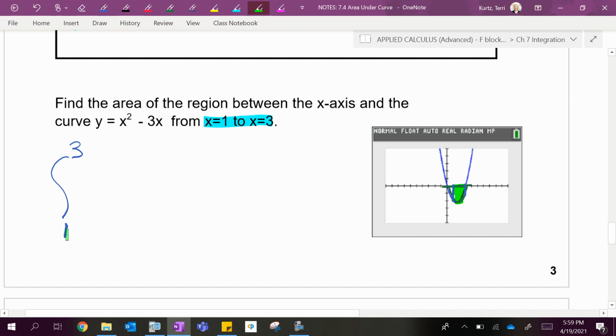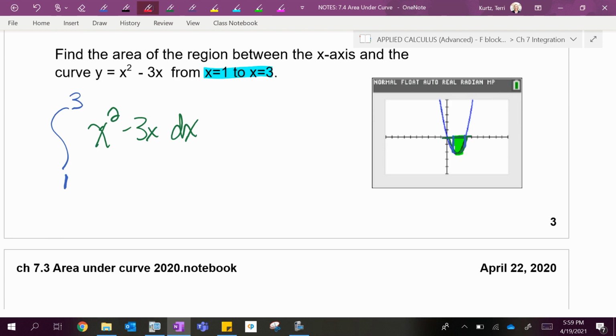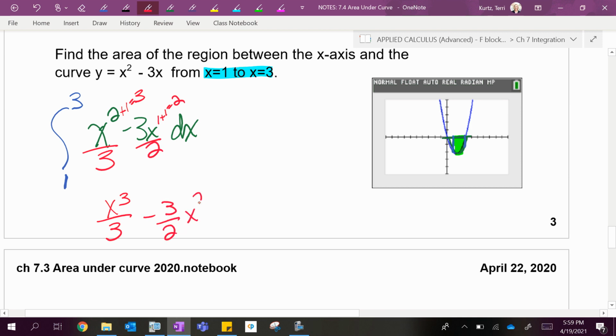So we're taking the area from 1 to 3 of the curve, x squared minus 3x, and we're taking the antiderivative with respect to x. So we're going to, again, find the antiderivative. So we add 1, get 3, divide by 3, so we get x to the third divided by 3. Here we add 1, we get 2, we divide by 2, so we get minus 3/2 x squared.